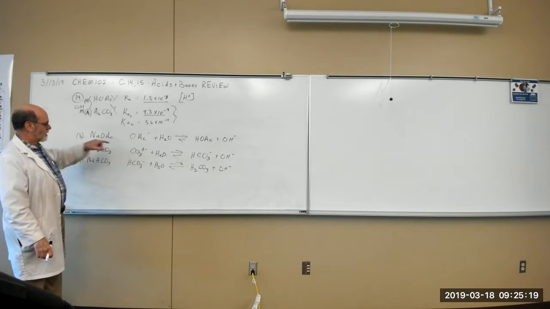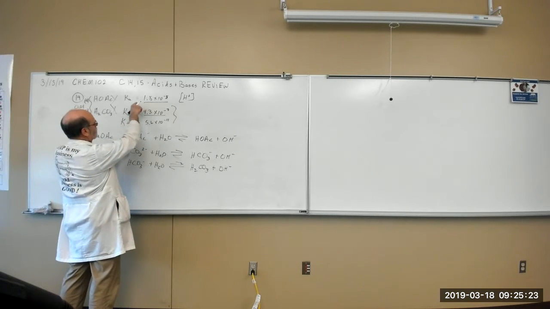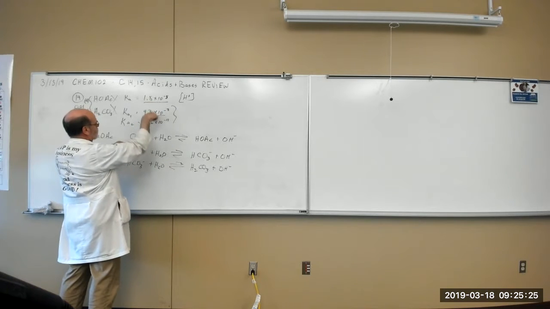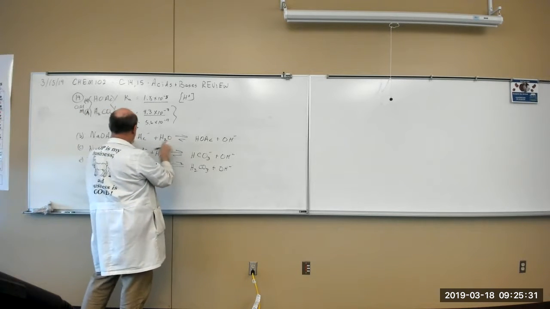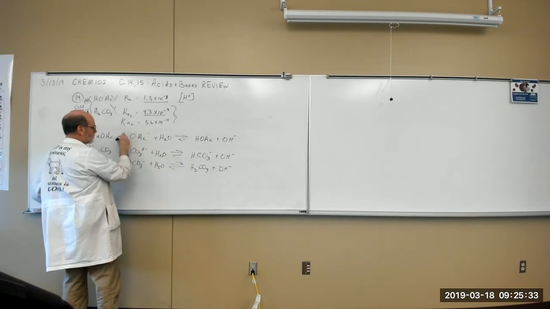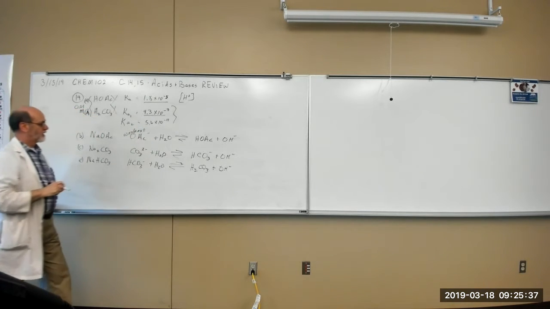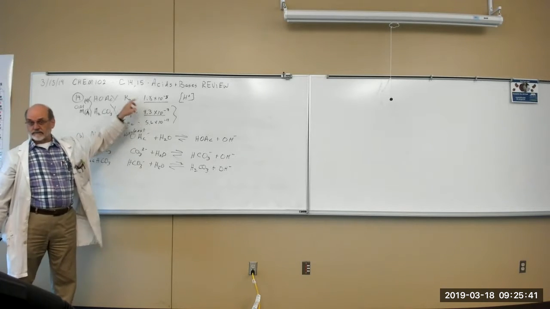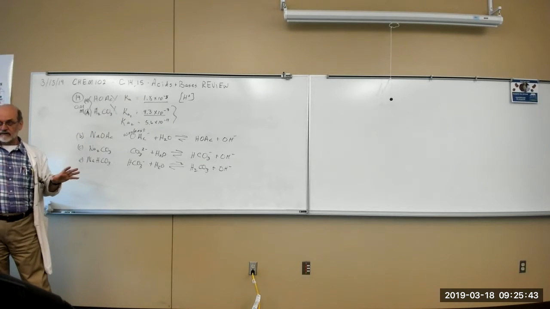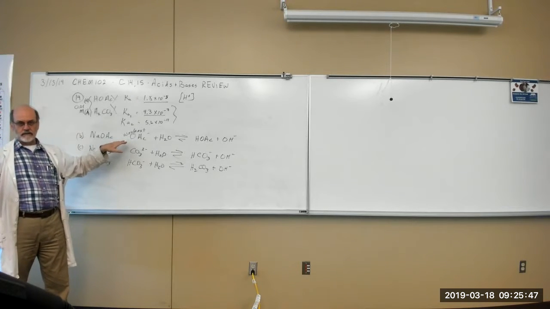So this one results from a stronger acid than either of these. So it's going to produce the weakest base. This is the weakest of bases because it comes from a stronger acid than that one. Is that clear? Okay, so we can throw this one out.